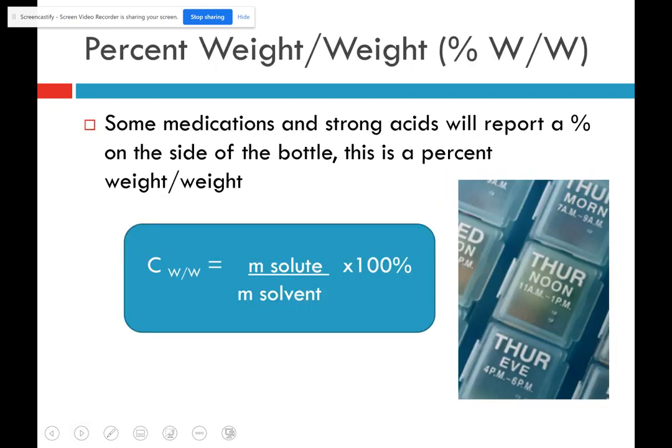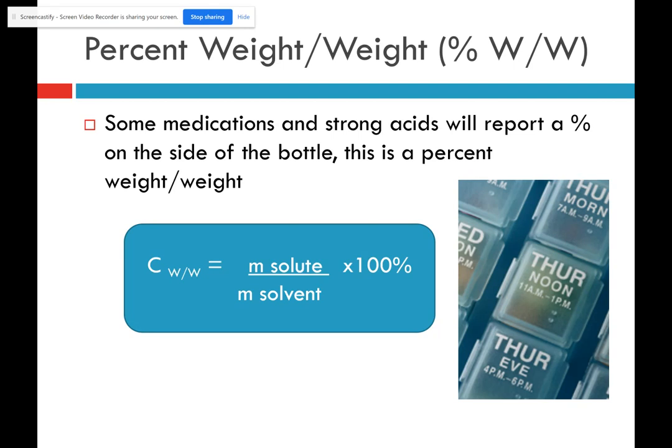The last one we're talking about for these percentages is weight by weight. A lot of medications or strong acids are going to report a weight on the side of the bottle, and this is a percent weight by weight. Often, for example, if you're taking an Advil, you only need a very small amount of the active ingredient. We're talking about milligrams. They don't make pills that small because one, they'd be really easy to lose, and you wouldn't be able to see them very easily.